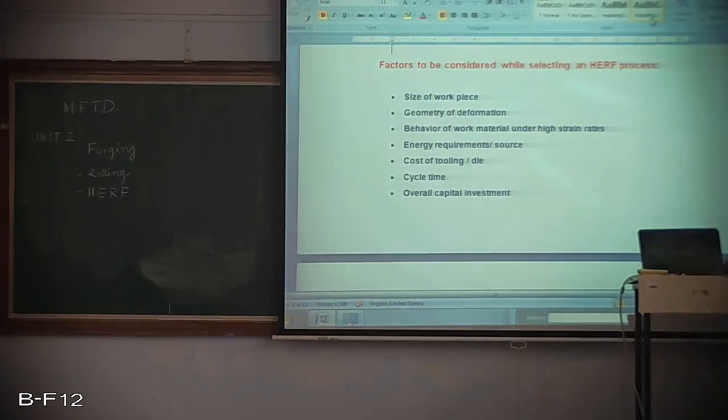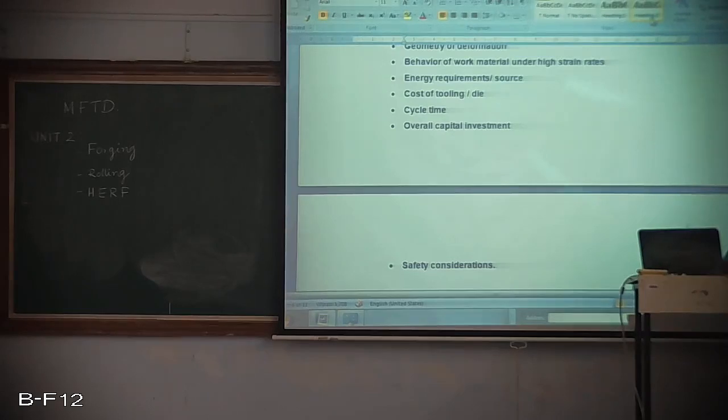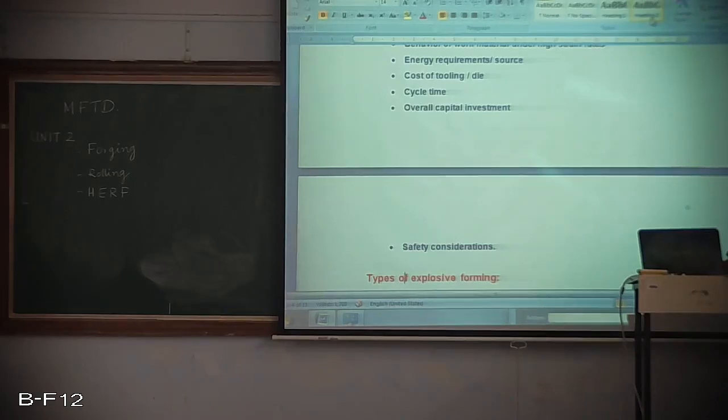Then geometry of deformation, behavior of work material under high strain rates, energy requirement and source, cost of die and tools, the cycle time, and overall capital investment. Eventually, one must remember that economically the process should be viable or feasible, and above everything, finally, safety considerations are also very, very important. So while selecting any explosive forming process, we have to consider these factors.